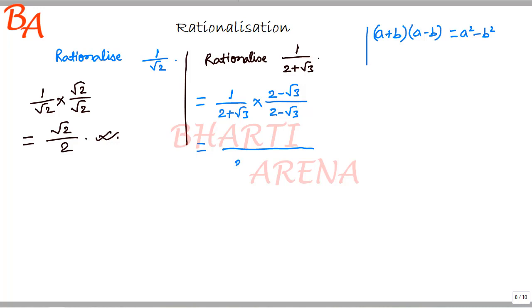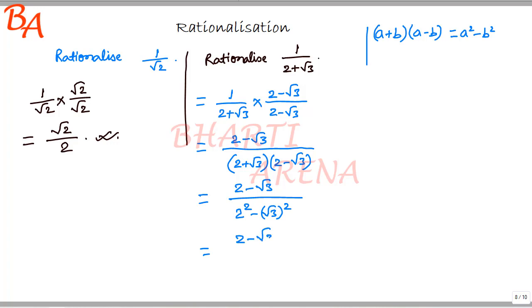equals, the LCM will be 2 plus root 3 whole into 2 minus root 3, this into this, here it would be 2 minus root 3, equals 2 minus root 3 by a square minus b square, that is 2 square minus root 3 whole square, equals 2 minus root 3 by 4 minus 3. 4 minus 3 equals 1, so we will leave here 1 and just write 2 minus root 3.